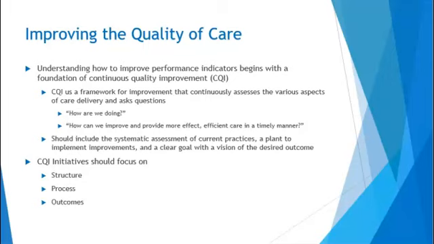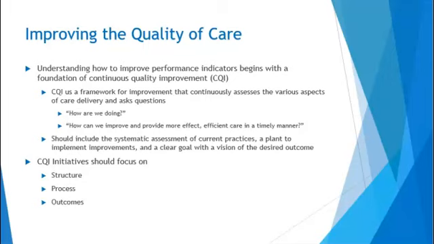So, how do we improve the quality of care, you might ask? We first have to understand how to improve performance indicators with the foundation of continuous quality improvement, which is CQI. CQI is a framework for improvement that continually assesses the various aspects of care delivery and asks questions like, how are we doing?